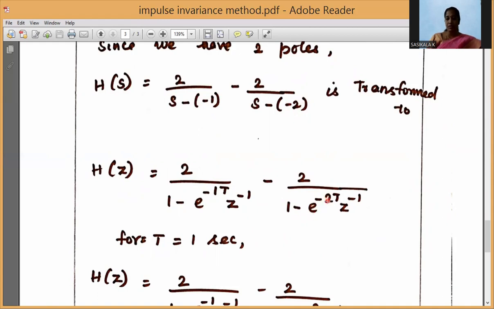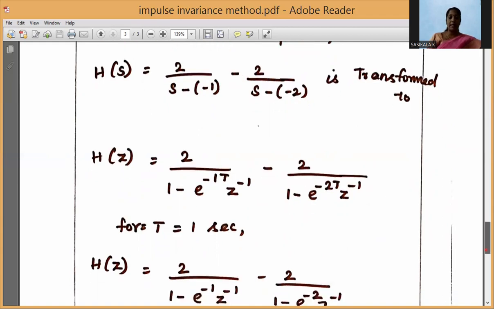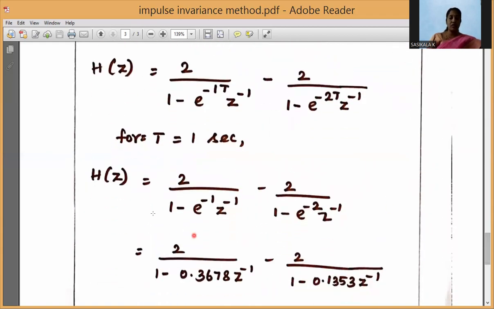Instead of p_k, you have to substitute minus 1 and minus 2. In the problem, it is given that T value is 1 second. So substitute: H(z) is equal to 2 divided by (1 minus e power minus 1 z inverse) minus 2 divided by (1 minus e power minus 2 z inverse).